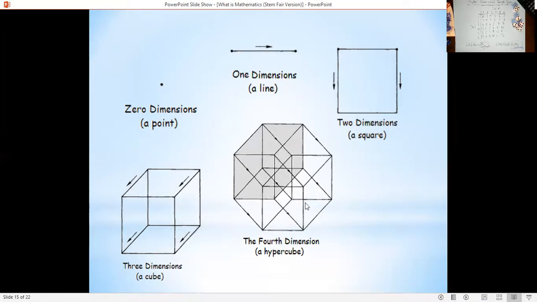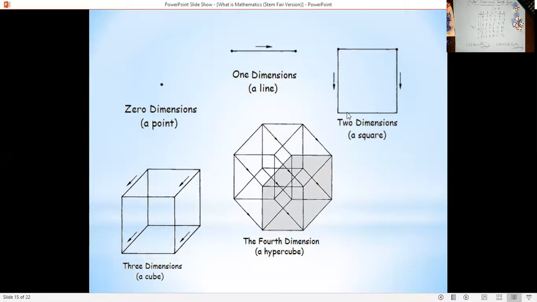The only problem here is I can't picture what it would be like moving it into the 4th dimension because we only have 3 dimensions, and here I'm trying to do it on a 2-dimensional surface, right? But I would be moving it down to here, and connecting all those corners, and that would give me this 4-dimensional space.